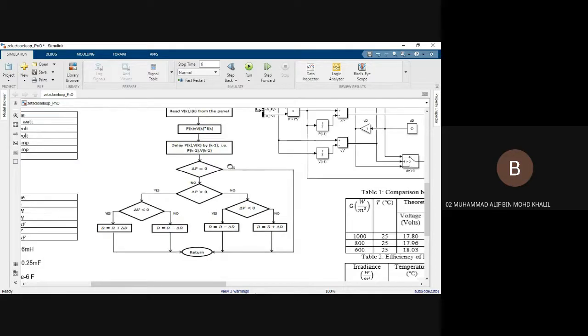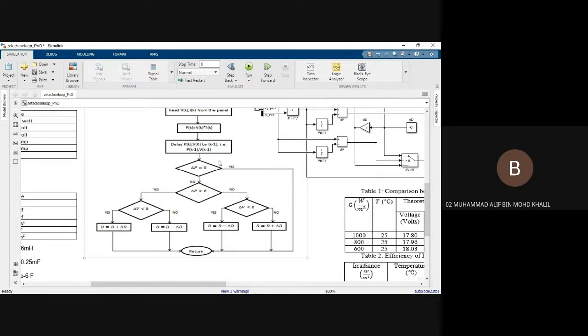And then we're gonna subtract P(k-1) from P(k), and also V(k-1) from V(k), to find the delta P and the delta V. So we look at delta P. If it's equal to 0, then we end the flowchart. If it's greater than 0, we go to this branch and see the delta V next.